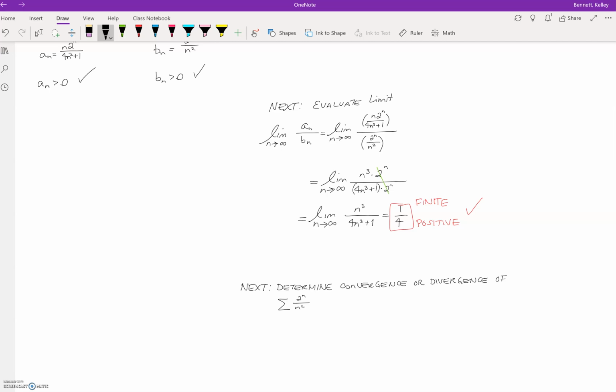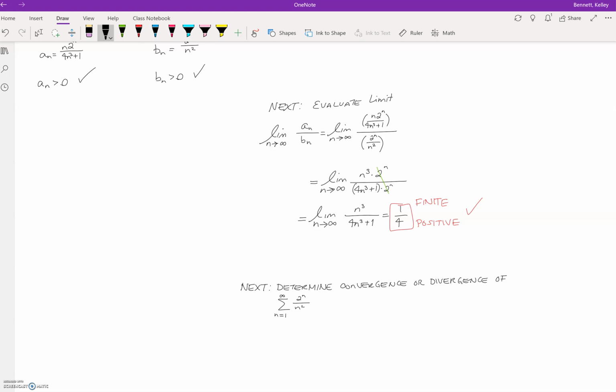So now it remains to determine whether or not 2 to the n over n squared converges as a series. And for this one, we have a lot of things that we can pull from. We can do a squeeze theorem. We can do the nth term divergence test. We can look at it as a known convergent or divergent series.